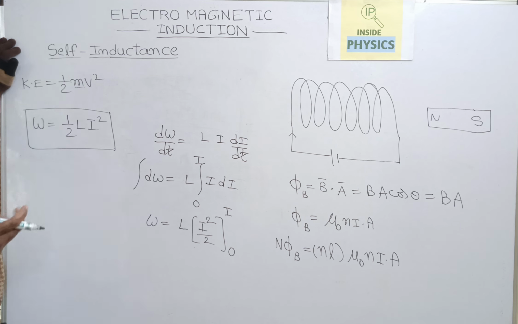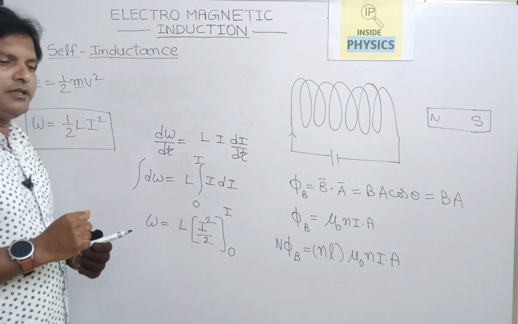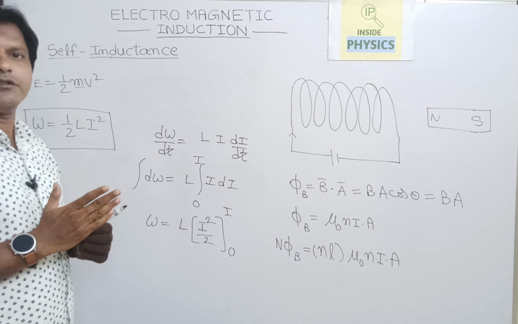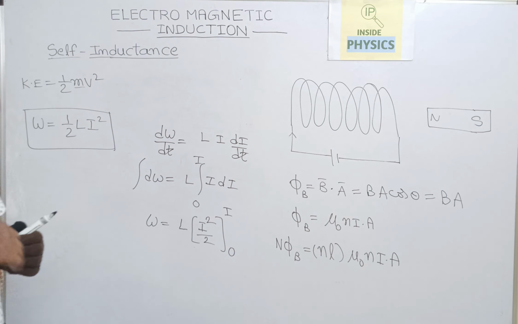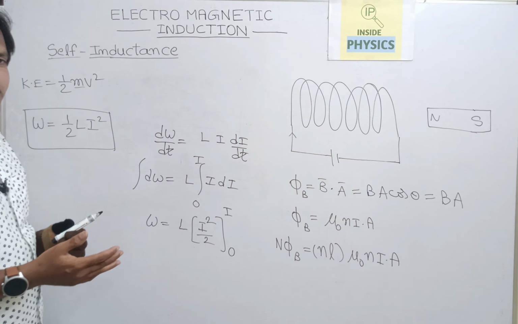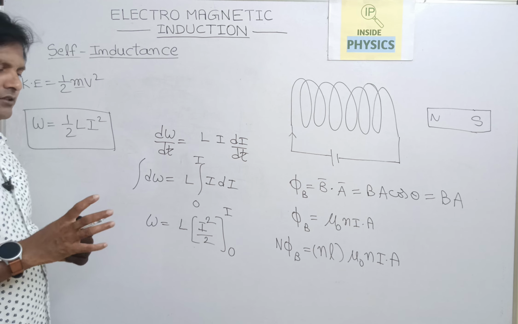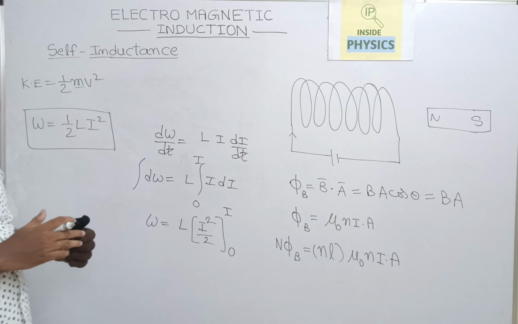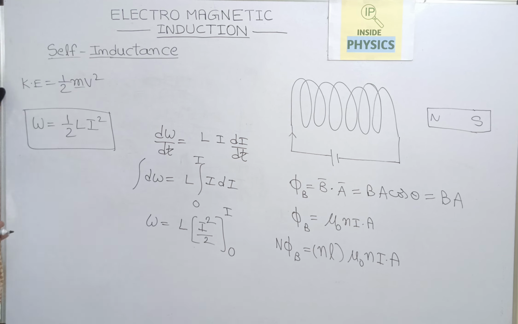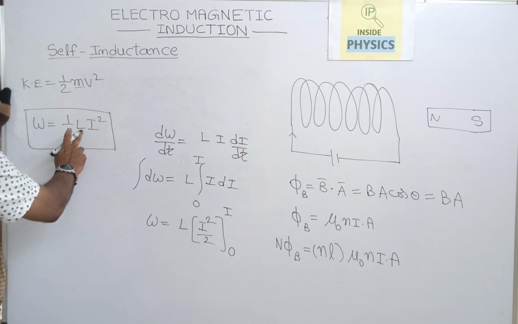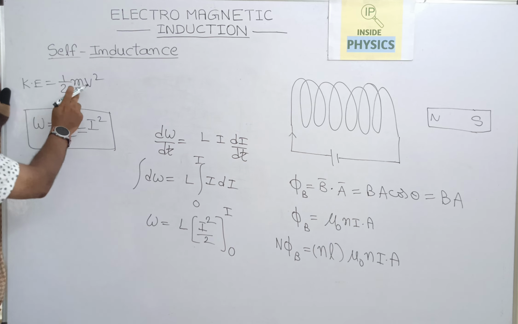The inertia is a reluctant force which will be opposing the movement of any mass. A mass that is already moving cannot stop immediately because of the inertia. So here L is quite analogous, similar to mass.